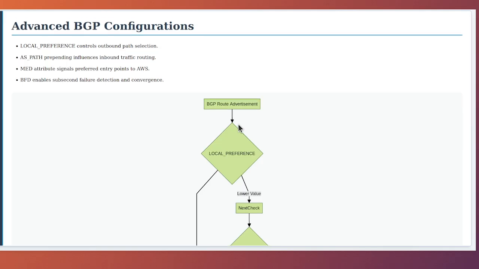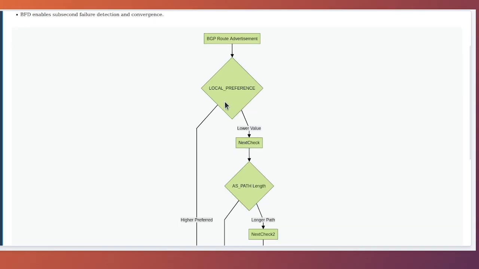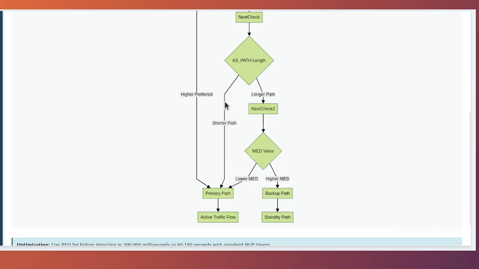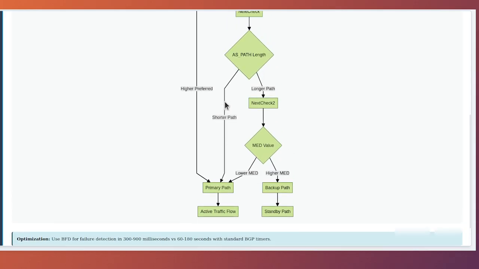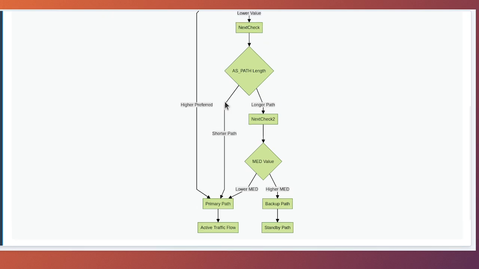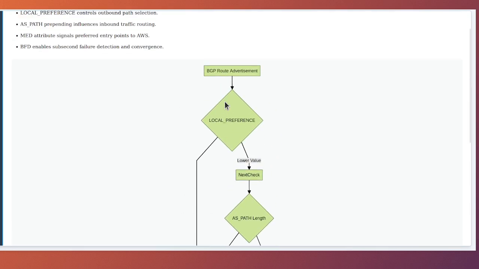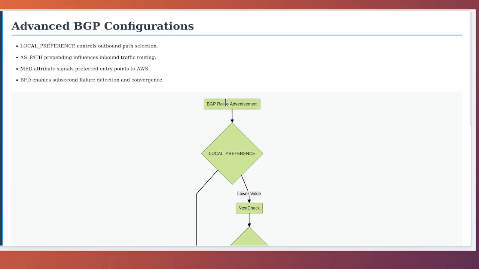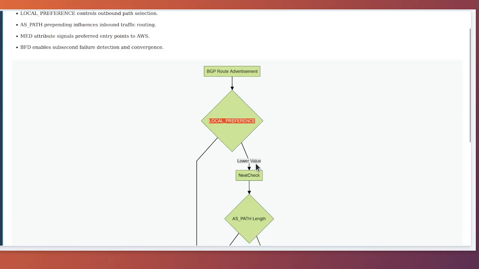Communities are tags that you can attach to BGP route advertisements to signal routing policies. AWS supports specific BGP communities that influence how AWS routes traffic. For example, you can use BGP communities to advertise routes only to specific regions, or to set local preference values that control how traffic returns from AWS to your network.